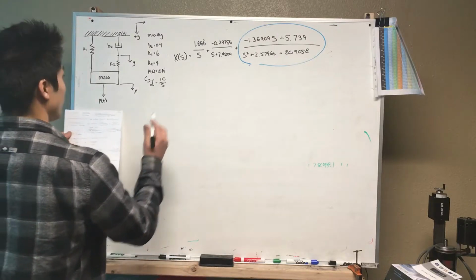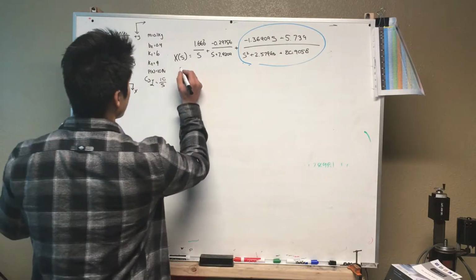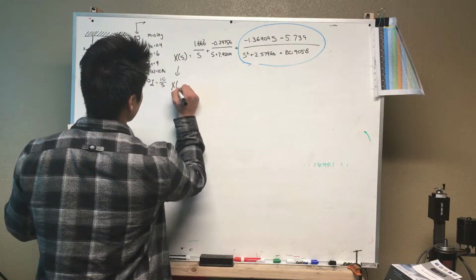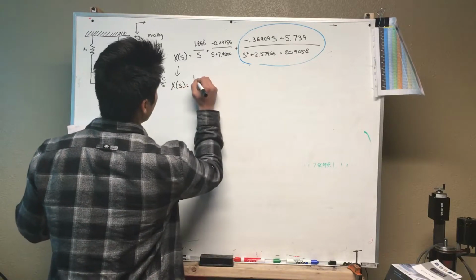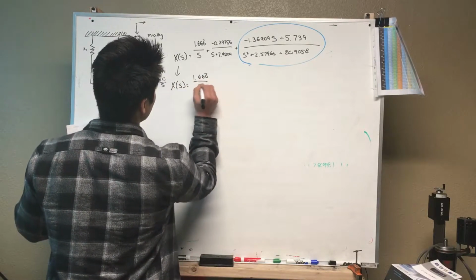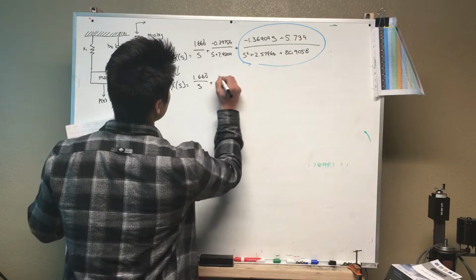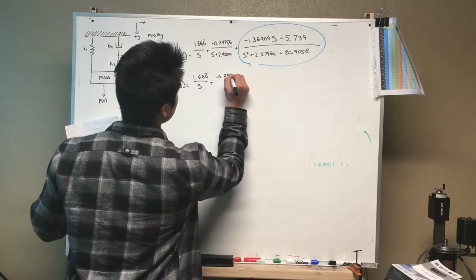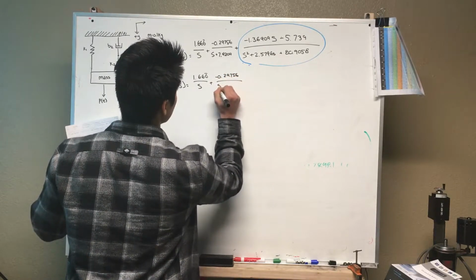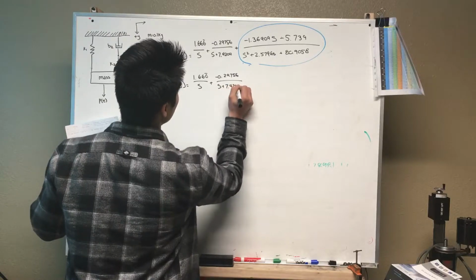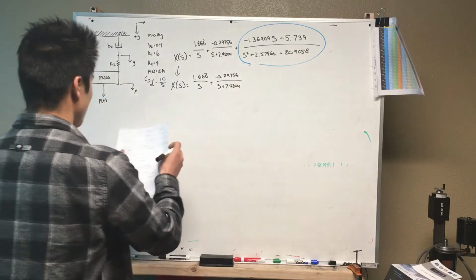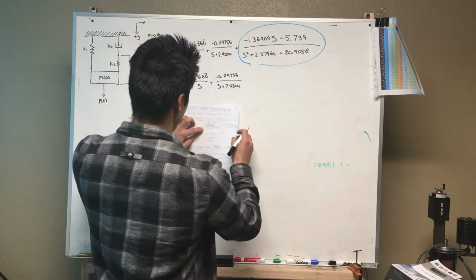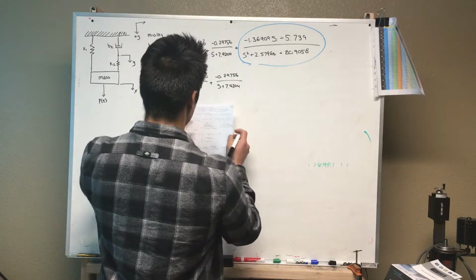What we did was now we changed this whole x of s to be 1.66 s plus 0.29756 s plus 7.4204, and we have our a, right? Our a was, dang it, did I write it?